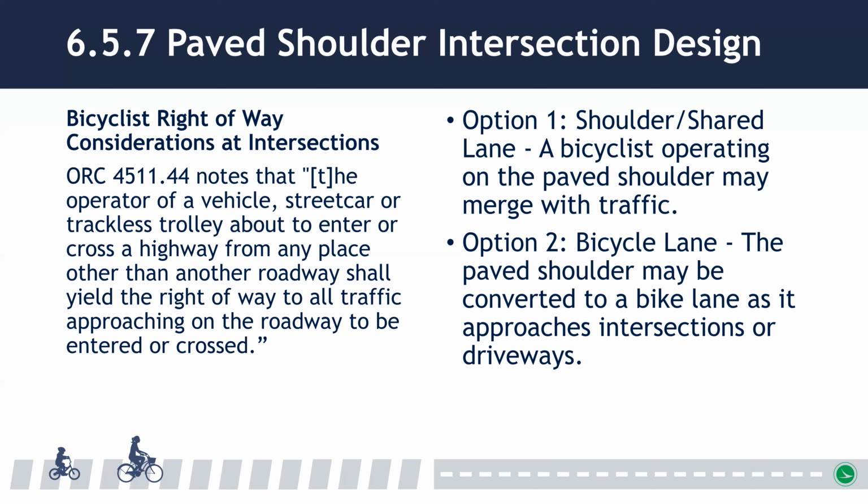This means a bicyclist operating on a shoulder must always yield the right-of-way to all motorists, but these bicyclists may not be aware of these yielding requirements.